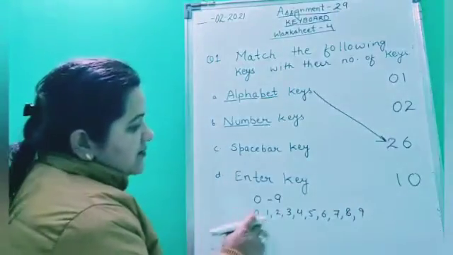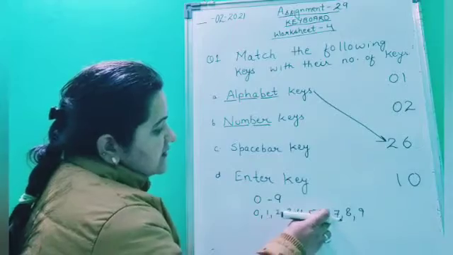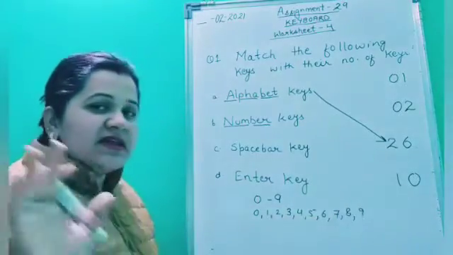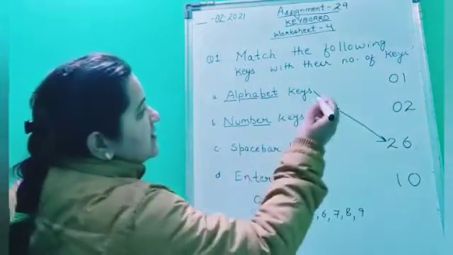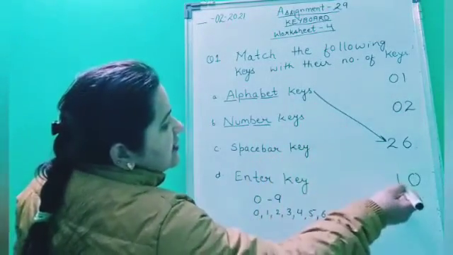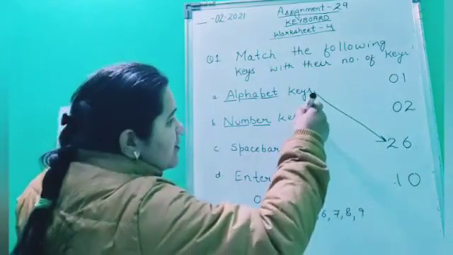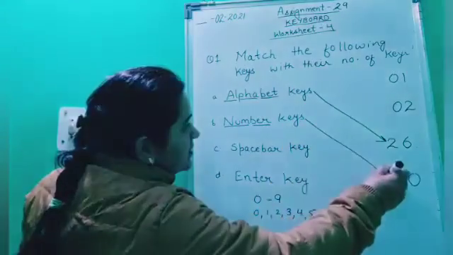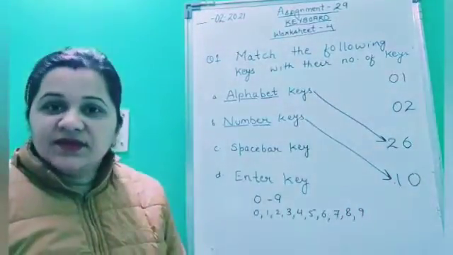So how many numbers are there? 1, 2, 3, 4, 5, 6, 7, 8, 9, 10. So there are 10 number keys. Here 10 is written, 1, 0, 10. So we will match number keys with 10. Okay children? Got it?